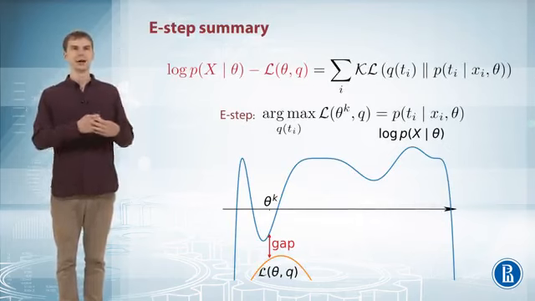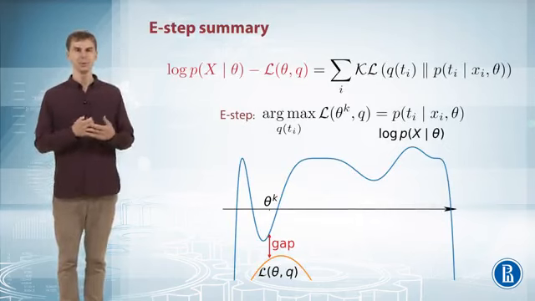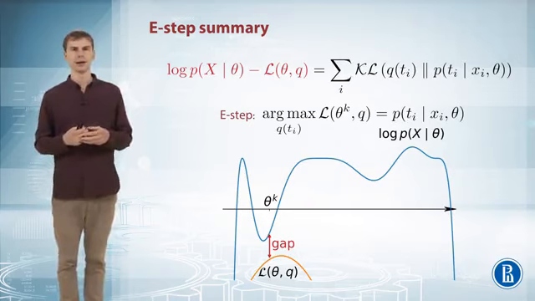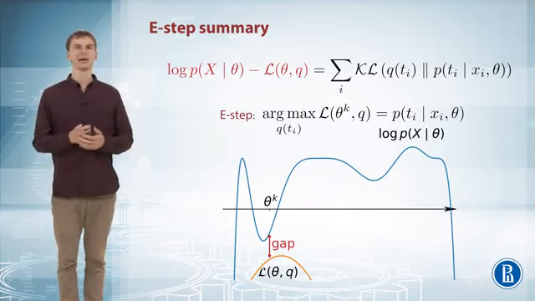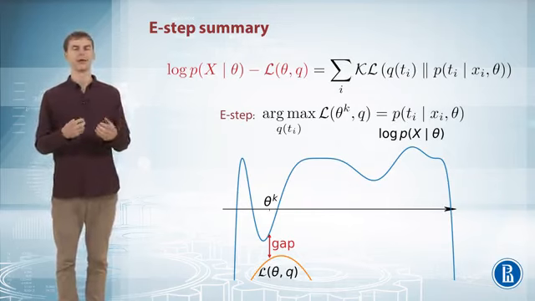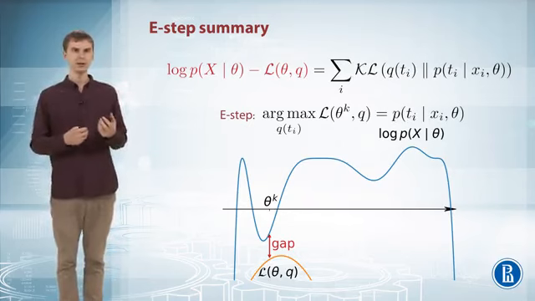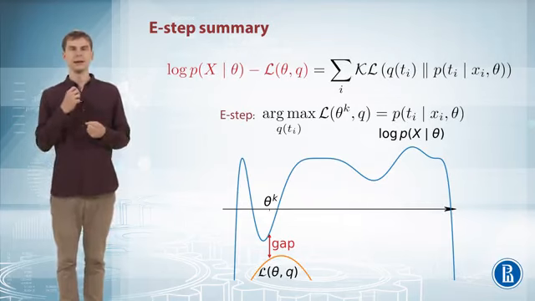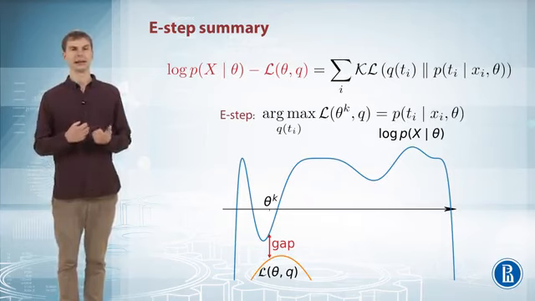And since the log likelihood doesn't depend on Q, it's the same as minimizing this difference, the left-hand side of the expression. And finally, it's the same as minimizing this sum of Kullback-Leibler divergences. And as we know, Kullback-Leibler divergences are non-negative, and they equal 0 whenever the distributions coincide, whenever they are the same. Which means that we can minimize this thing to the optimal value by just setting Q to be the posterior distribution on Ti given the data.